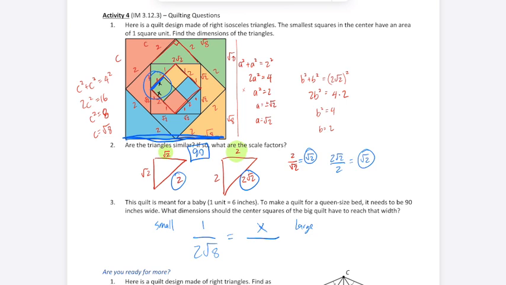And then on the bottom we have 90. So then when you multiply both sides by 90, we're going to get x equals 90 over 2 root 8. So that's 45 over root 8, and that gives us approximately 16 inches. Roughly, I believe it's like 15.9 or 16.9 or something, but you can try the math yourself.